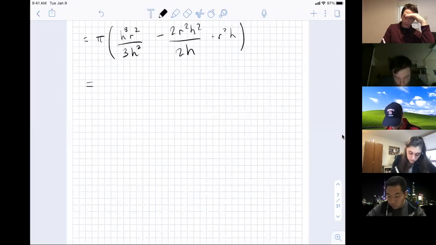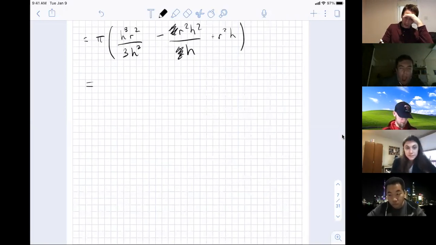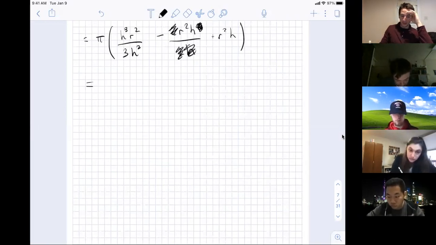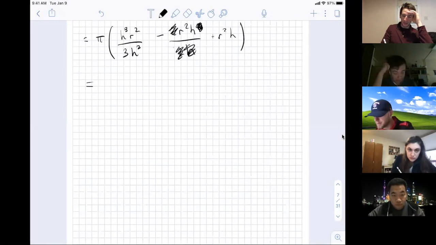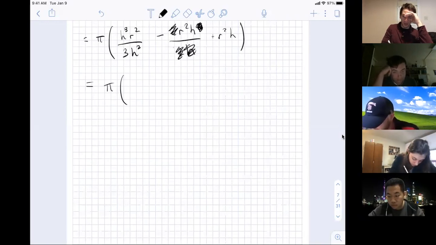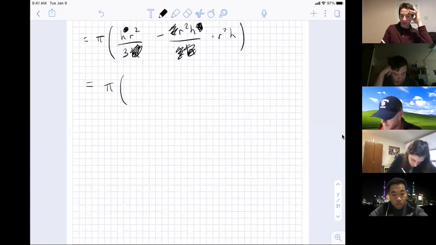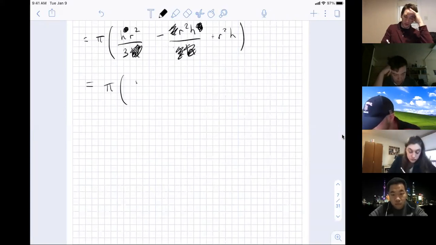So when I simplify this, these 2's cancel. h squared over h is going to leave me with h. So notice that minus r squared h plus r squared h, those are going to cancel. So I'll be left with pi times, and then here, h cubed over h squared, well, that's going to leave me with h times r squared over 3.